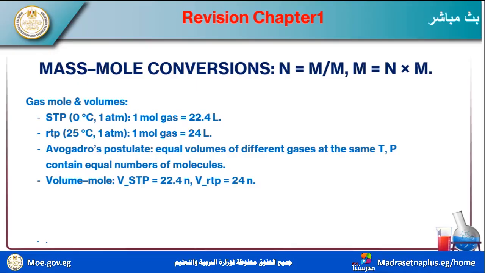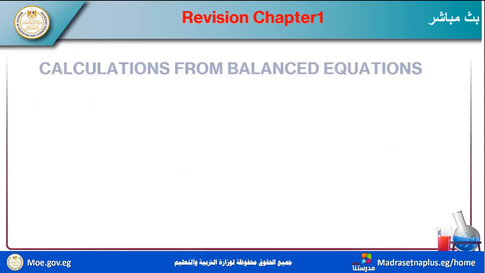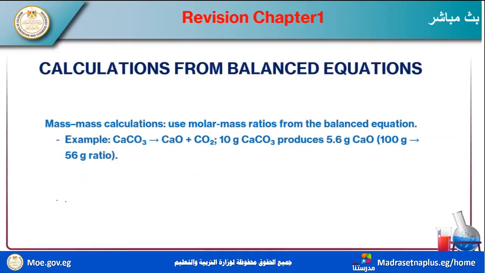Different gases with the same volume at the same T and P have the same number of molecules. Volume at STP equals 22.4 times n, and volume at RTP equals 24 times n, according to the conditions.